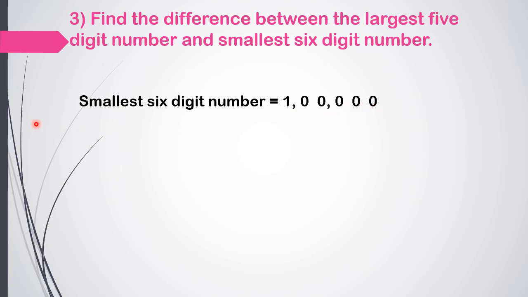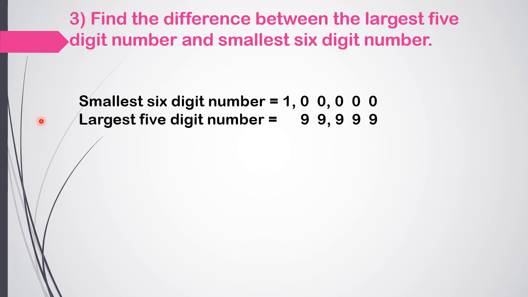Smallest 5-digit number means write 1, then the remaining 4 digits are 0. The same way for the largest 5-digit number, all digits are 9. So 99,999. This is the largest 5-digit number. Largest 4-digit number means 9,999.